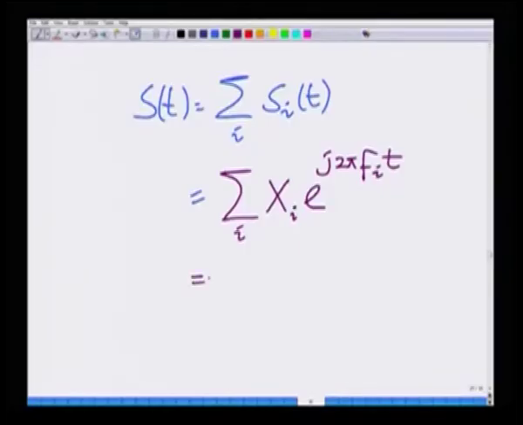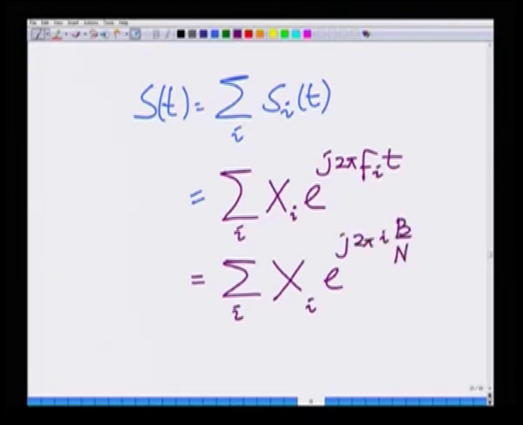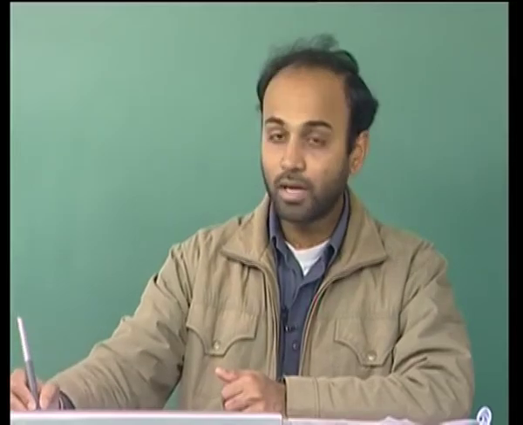This is equal to the summation over i of x_i e to the power of j 2 pi i b over n t. Alright, so this is the composite transmitted multi-carrier signal.